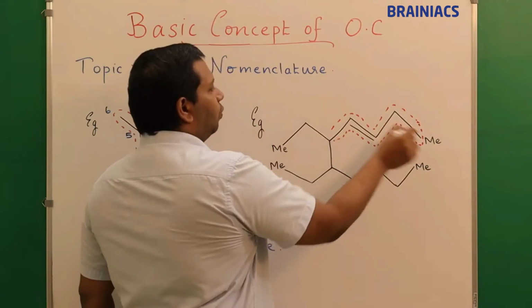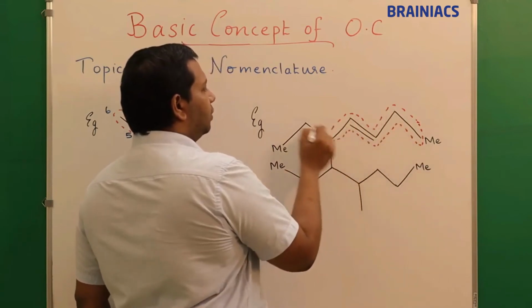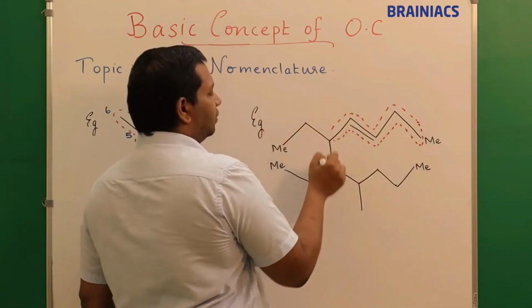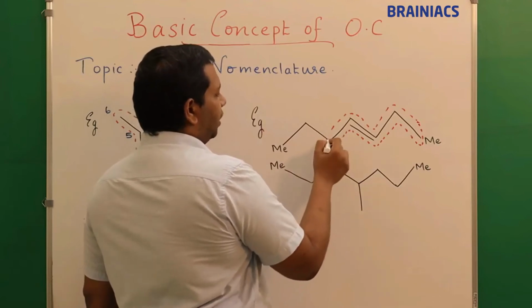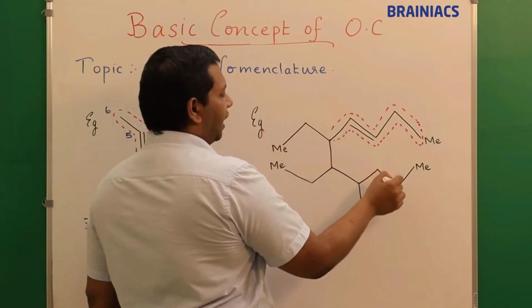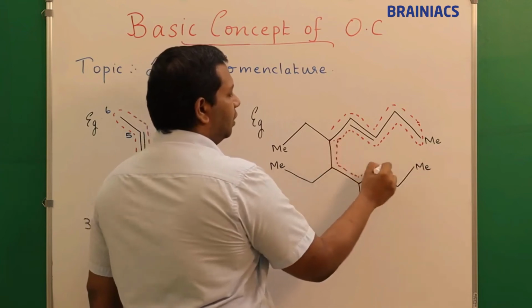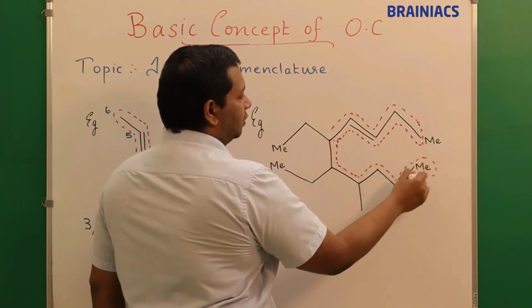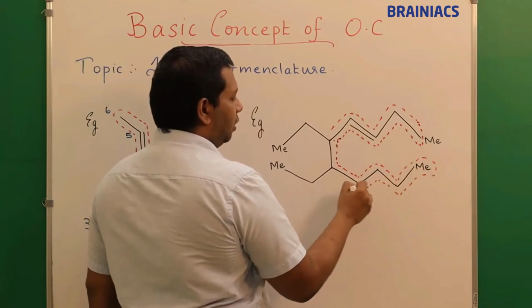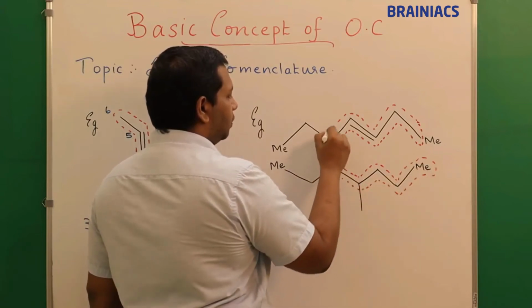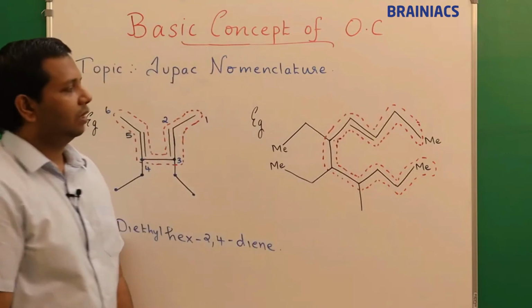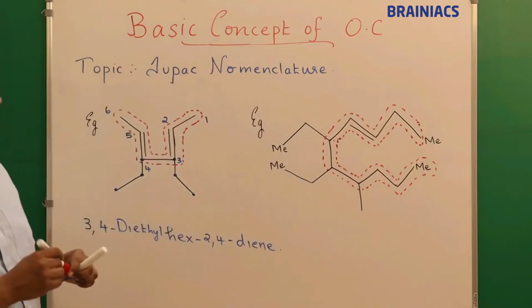So I know that 1, 2, 3, 4, 5, 6, 7 only. 5, 6, 7, 8, now 5, 6, 7, 8, 9, 10 if I go in this way. So I will choose that as my path. Okay. So this is my longest path that is possible. Understood? Very, very important.